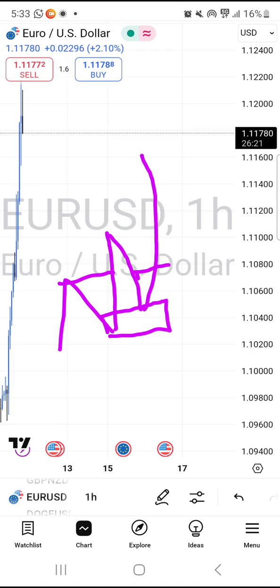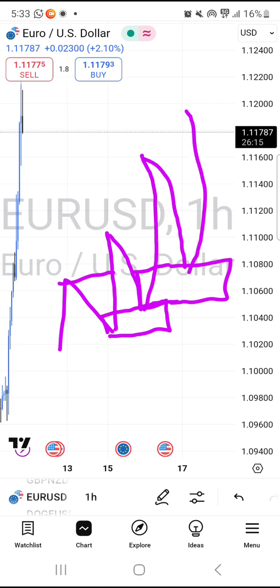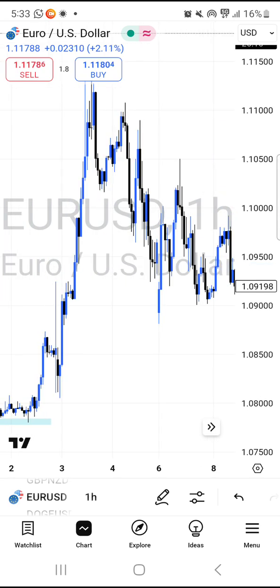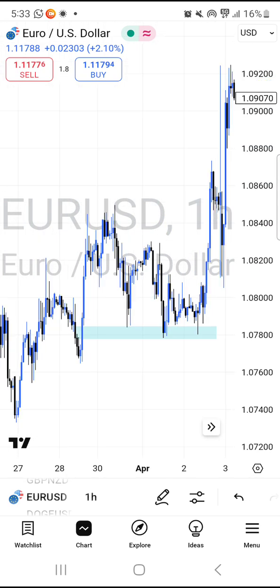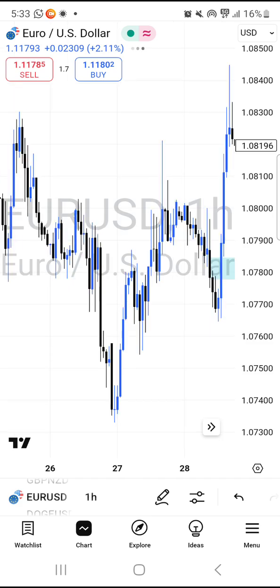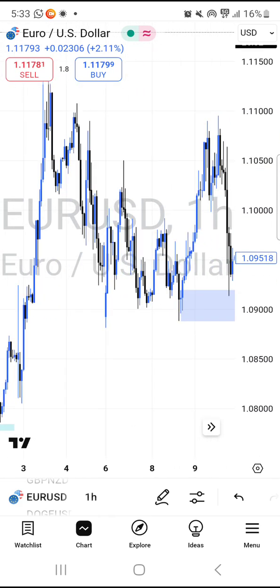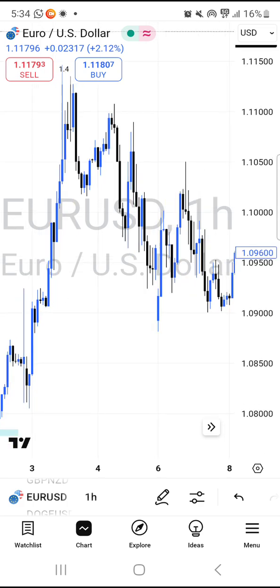You mark out the zone that caused the break again, market comes back, taps in and moves up again. This is a basic strategy for trading the market. For you to understand it, you have to backtest and practice what I'm teaching you.